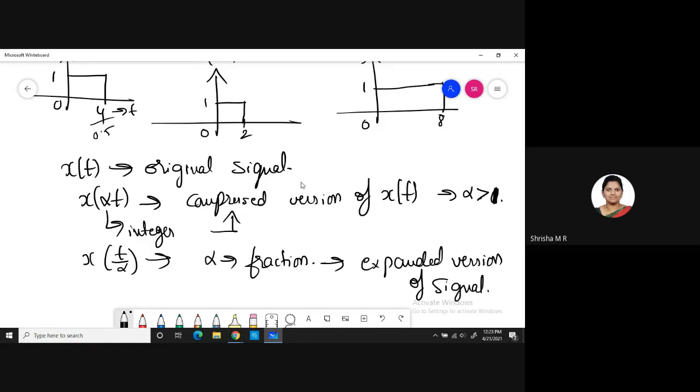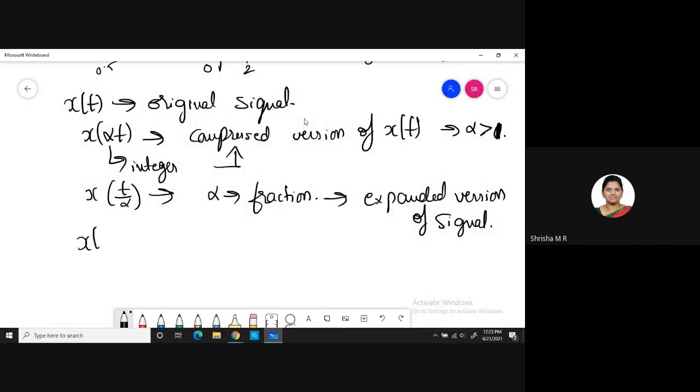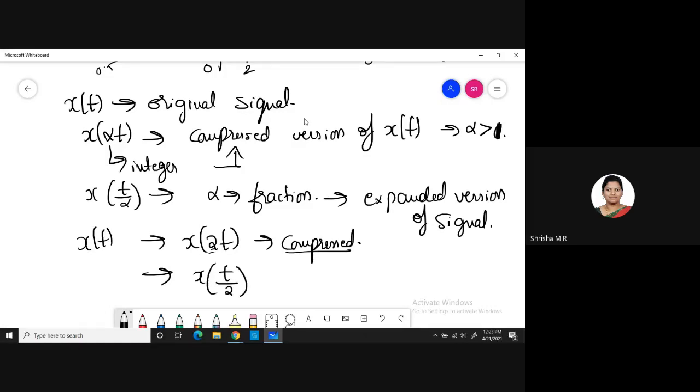So we have seen, if x of t is our signal, what x of 2t is. The signal was compressed. We scaled it with a value 2, which is an integer, and the signal was compressed. Similarly, we scaled it with t by 2, or 0.5, so it was an expanded version.